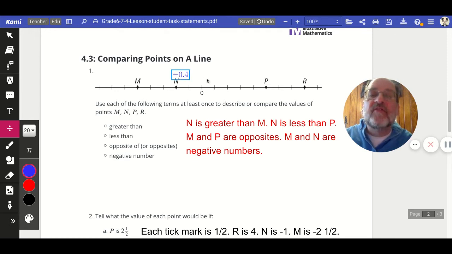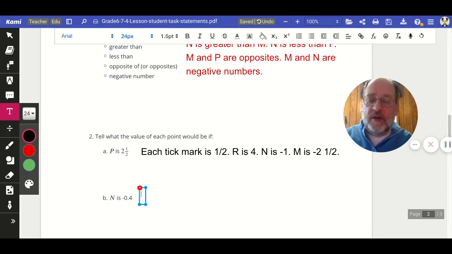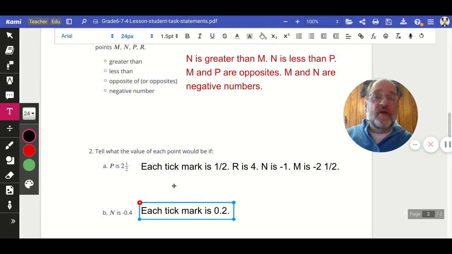How did we get there? 2 steps gets us to negative 4/10. So if I divide that by 2, I get 2/10. So each tick mark is 2/10.